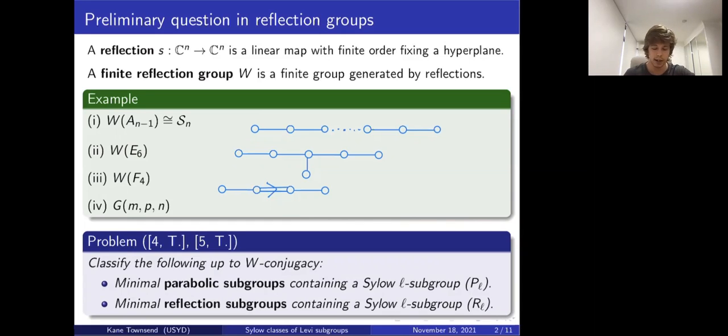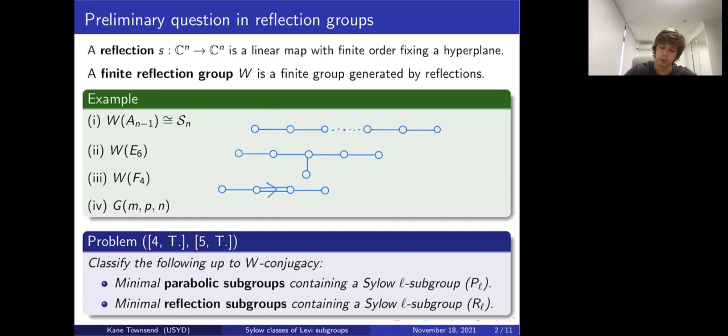The first three are real reflection groups, and you can represent them with these Coxeter diagrams. What the Coxeter diagrams represent is that each vertex you can think of as a generating reflection, and an edge between two vertices means that the product of those two reflections is order 3, and no edge between two vertices means those reflections commute.